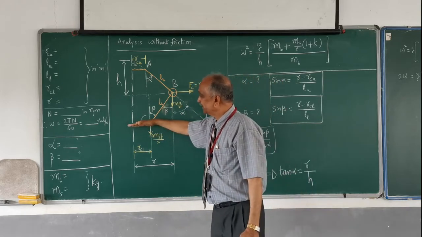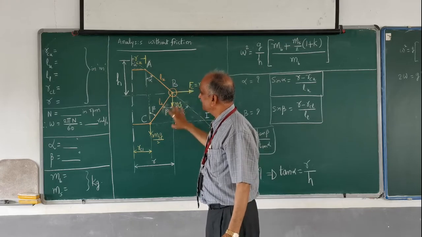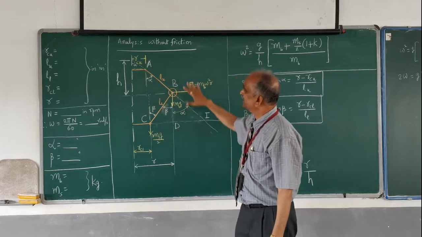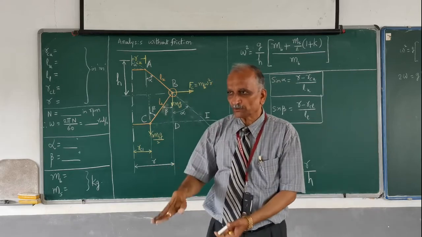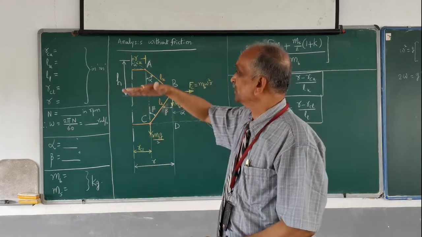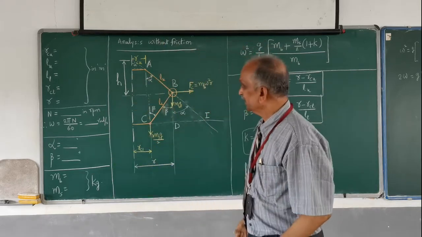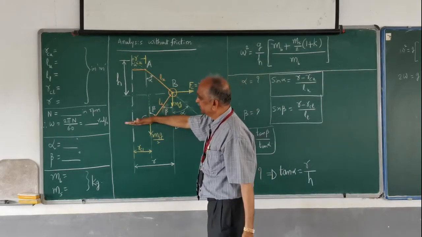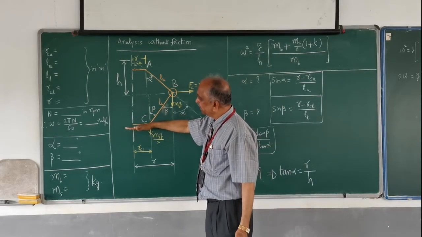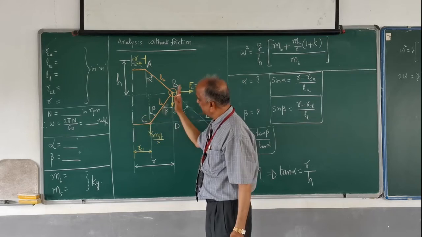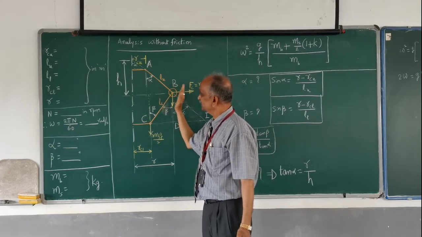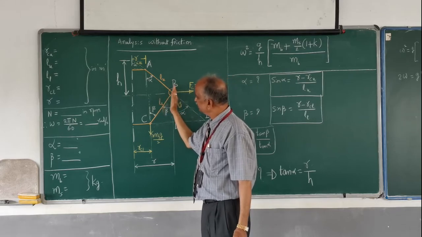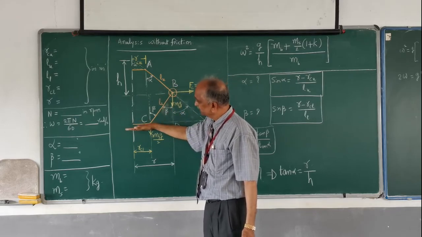Now, whatever diagram I have shown, I shall presume that the sleeve is not in the lowest position or the topmost position. You have certain limits. The sleeve cannot go below a certain lowest position. As the speed becomes lesser and lesser, the ball goes inside and the sleeve comes downwards.